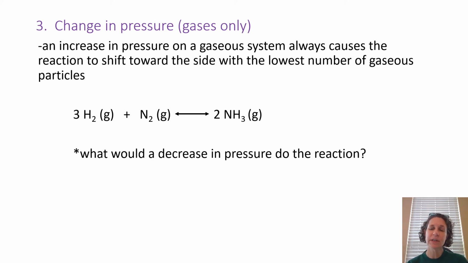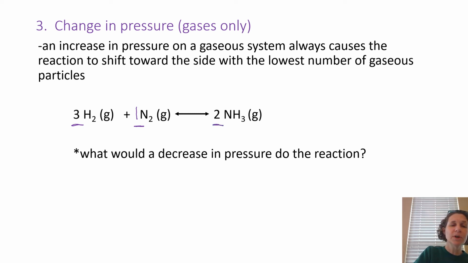So this one is pretty straightforward. In our example, you want to see where you have more gas particles, which is basically just adding up the coefficients for all of the gases. For this side, I have 3, and then remember there's a 1 here, an understood 1. So I have 4 gas particles versus 2 gas particles.